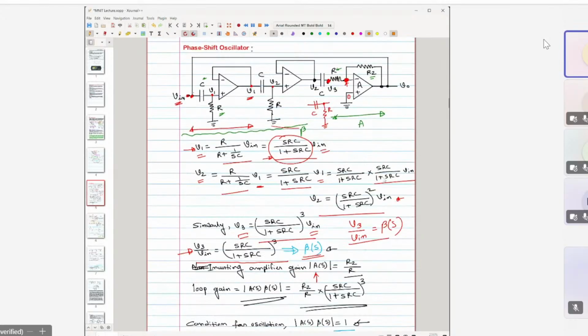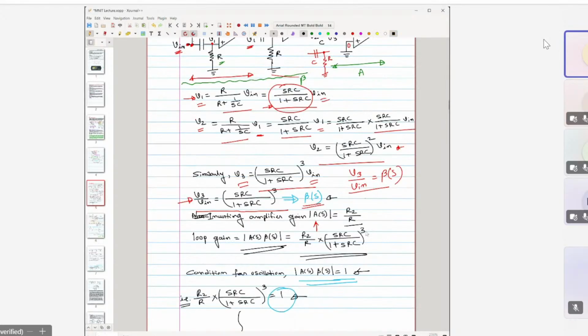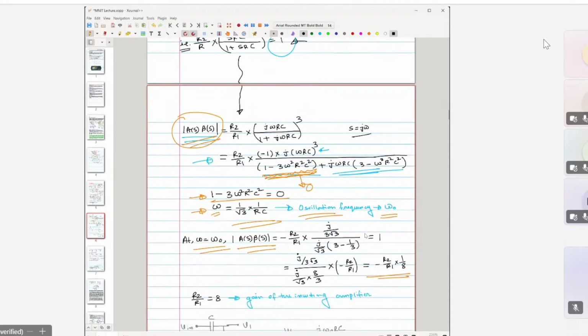Please note one thing. I was using R here. So this gain is here R2 by R. This part up to this is fine, but I think here I have written R2 by R1. So that will not be R2 by R1, but it will be simply R2 by R.